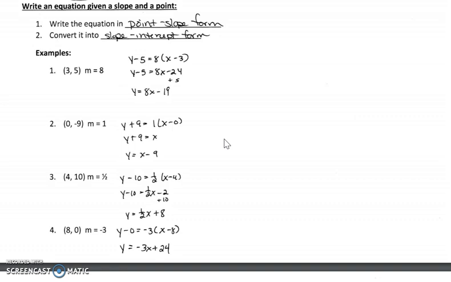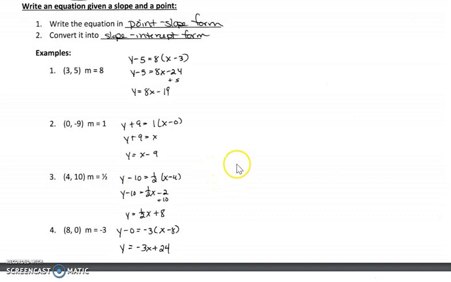Okay? Fractions should not intimidate you. I know you're going to have some fractions in your homework today. It is all doable. It is okay. Y minus your y value, so y minus 10, is equal to 1/2 times the quantity x minus 4. X minus 4, that's your x value. You're going to distribute that 1/2. 1/2 times x is just 1/2 x. 1/2 times 4, you can do the work.